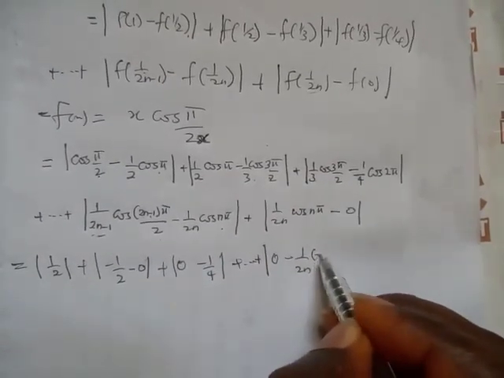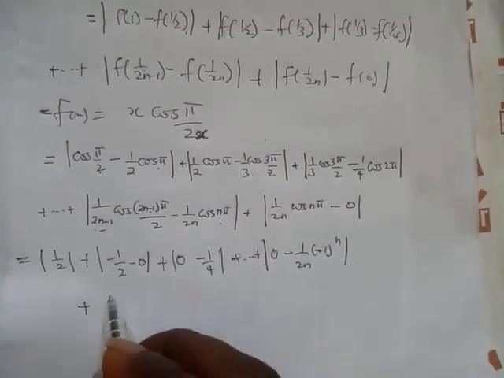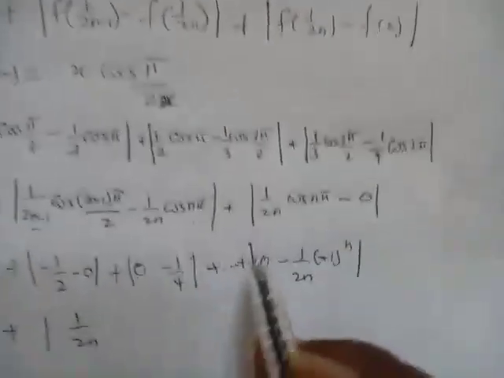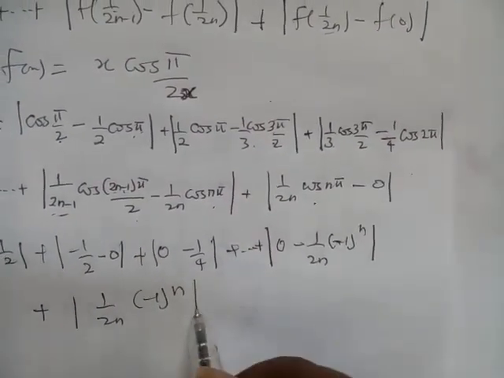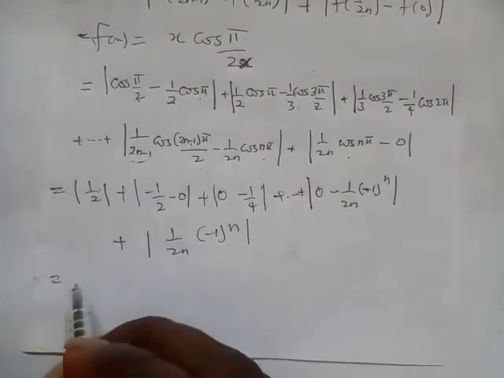This is minus 1 raised to power n, plus this is 1 over 2n. This one is minus 1 raised to power n. This is 0.